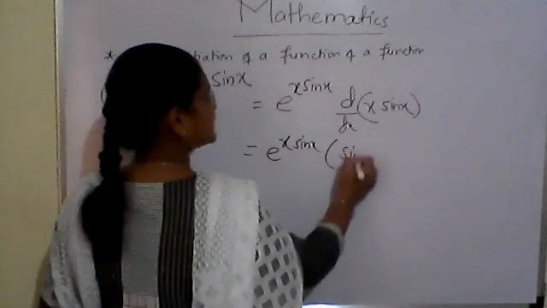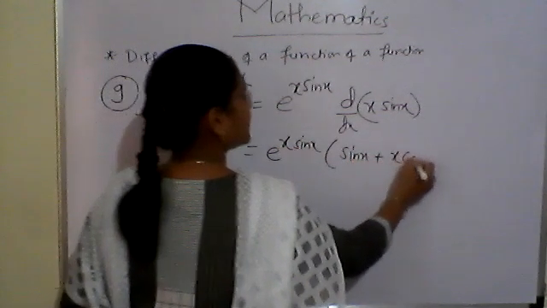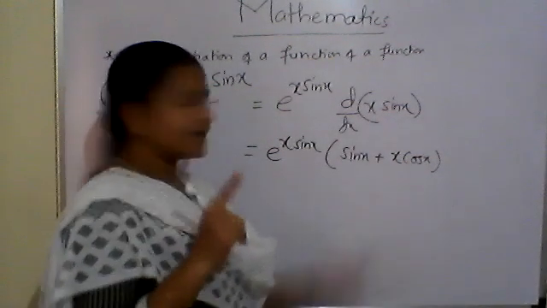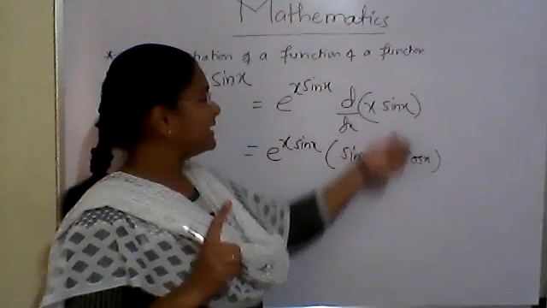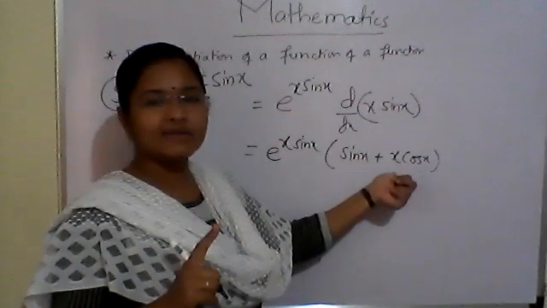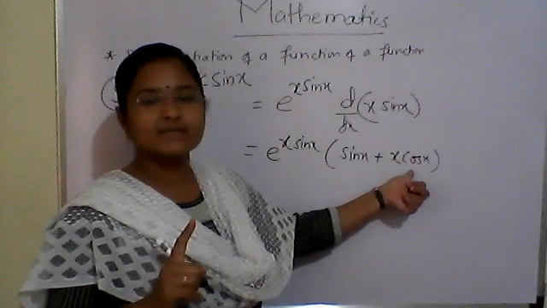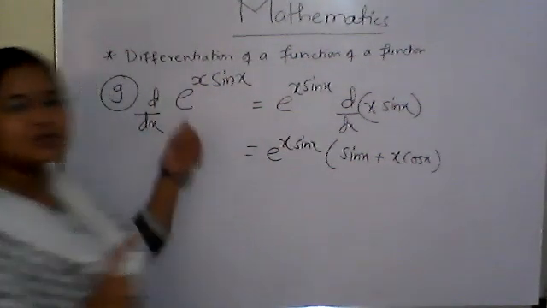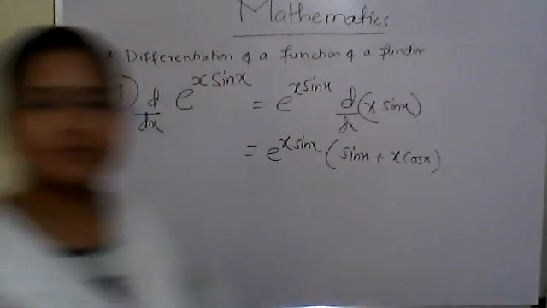Yes, sin x plus x cos x, because here the derivative of x will be 1, the first term constant, and the derivative of sin x will be cos x, by the product rule. Getting? So this is the derivative of e raised to x sin x.